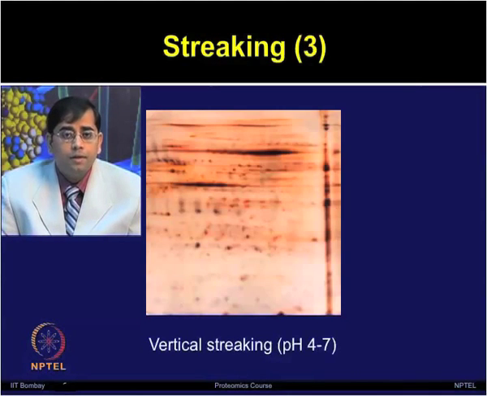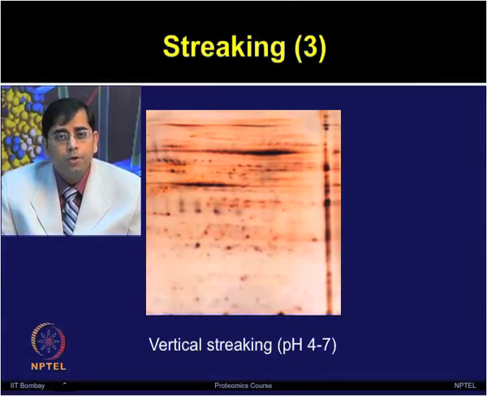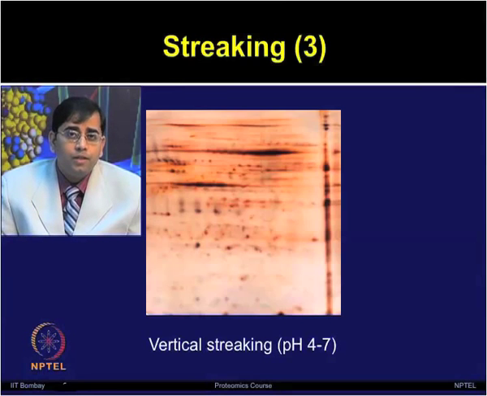If you are using a narrow pH gradient strip such as a 4 to 7 pH strip, then vertical streaking can appear, because all the proteins beyond 7 pI will stack together in that region.